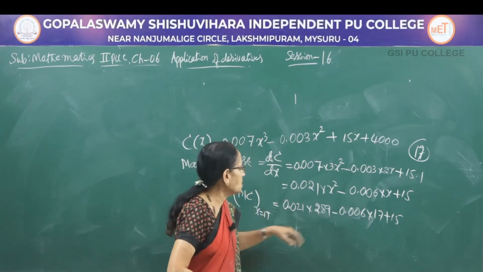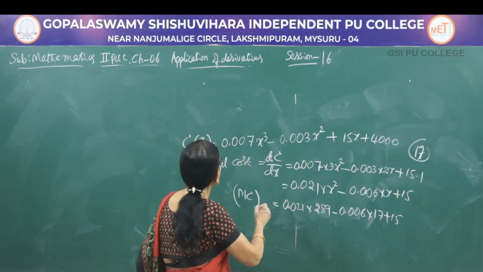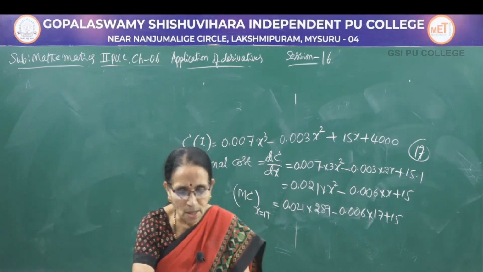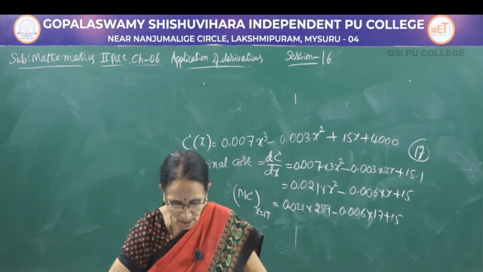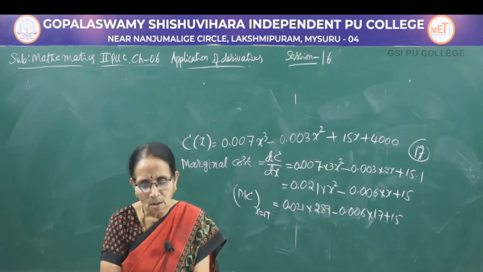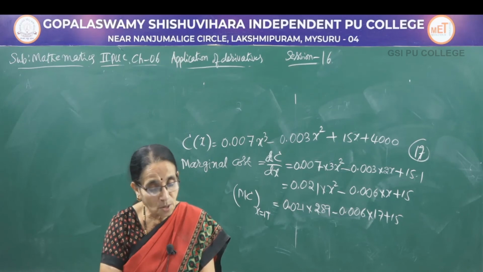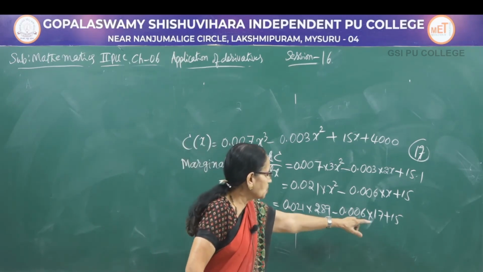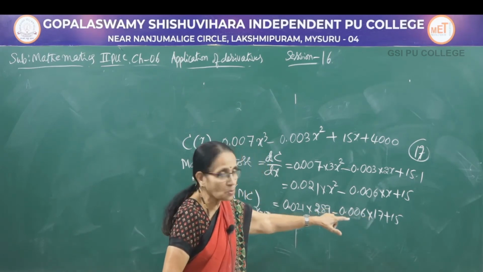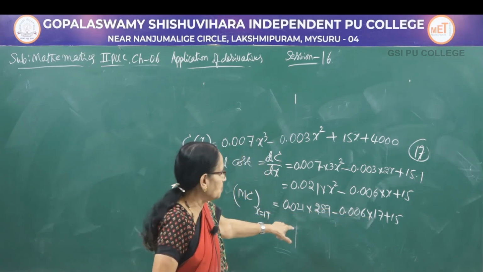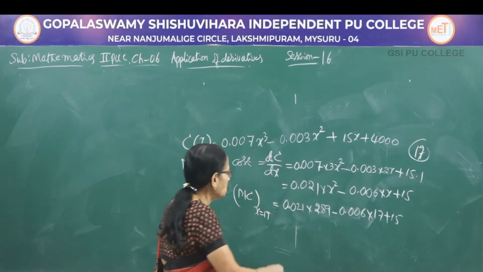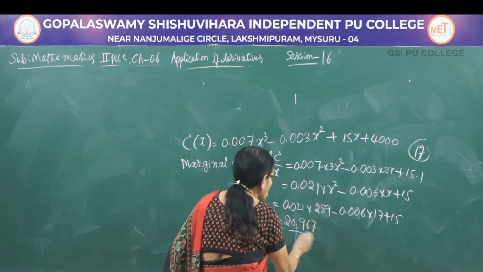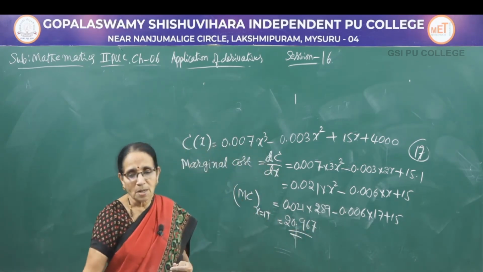So you have to multiply the first two, of course, multiply and simplify, then you will get the marginal cost here. First multiply this one and this one, and add 15. This one is positive, that one is positive. So adding all of them and simplifying, you get the answer to be equal to 20.967. So this is known as the marginal cost.